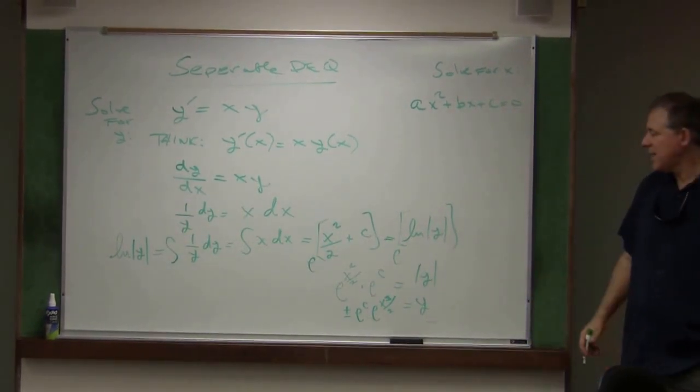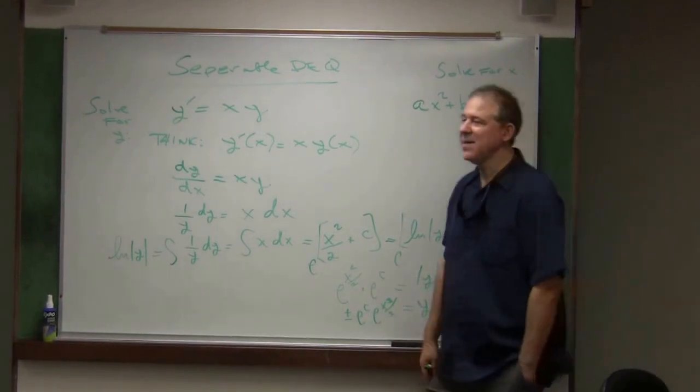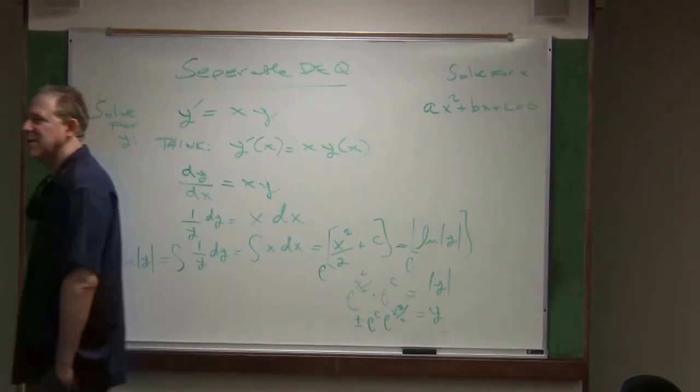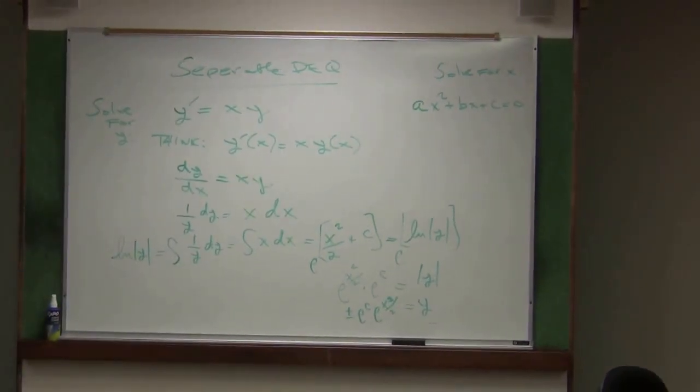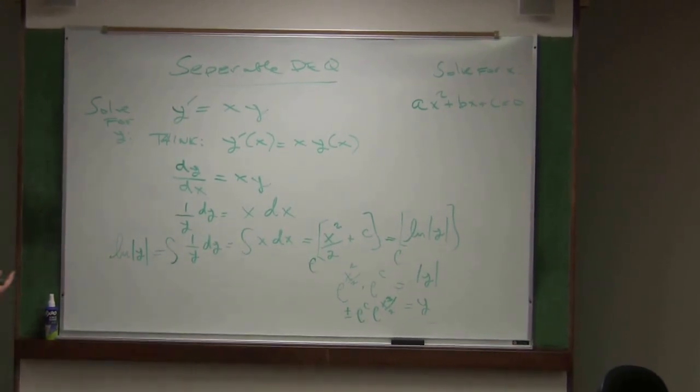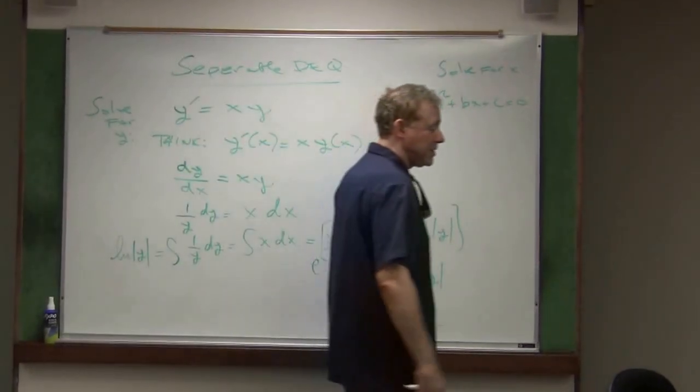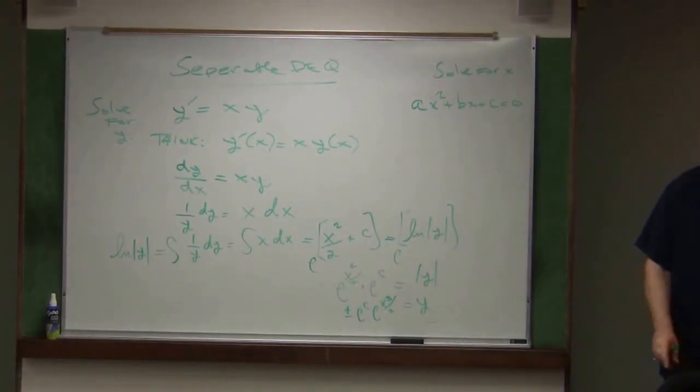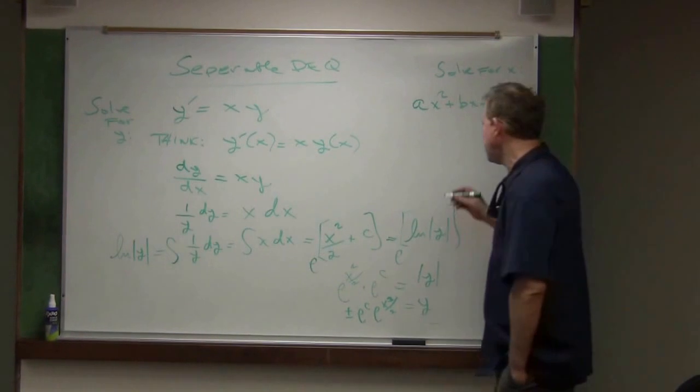Okay. And what is e to the c? It's a different constant. I mean, e to the c is any positive real number, and then you have plus or minus, right? So you've got any non-zero real number. Why don't we just call that big A or something.